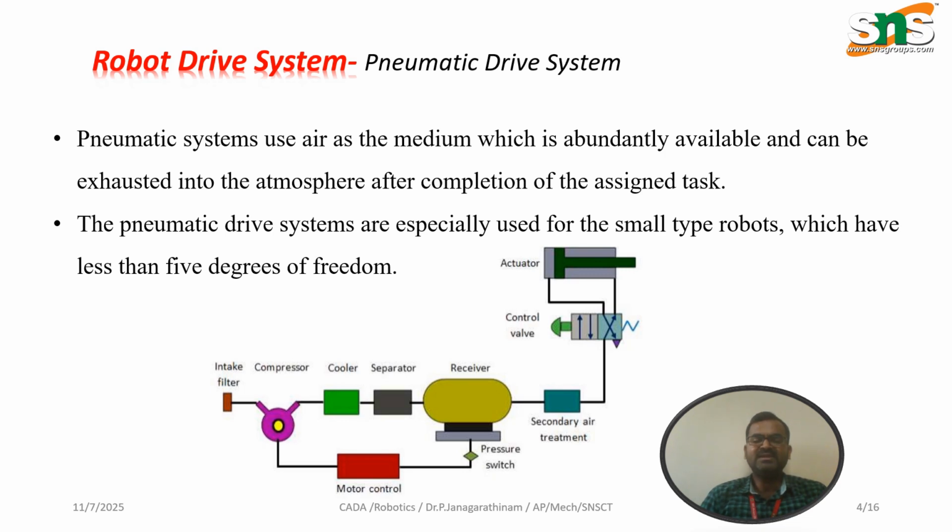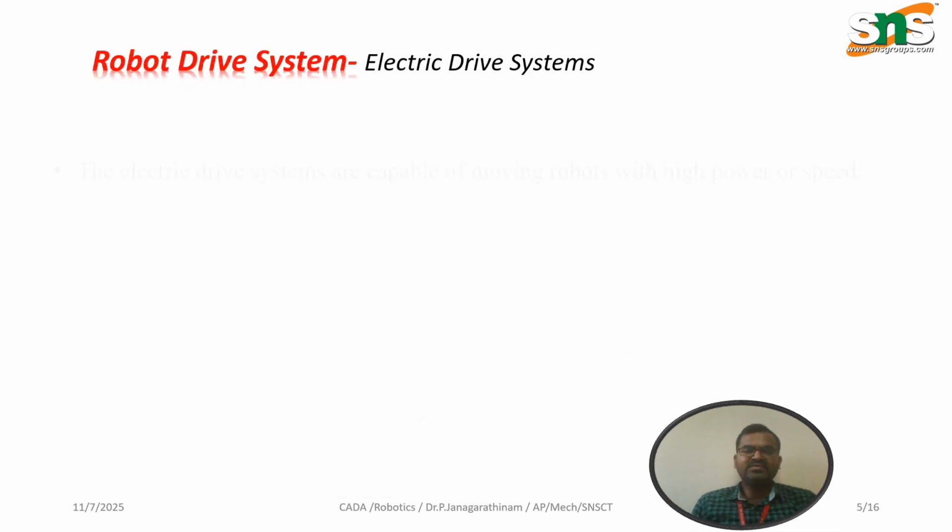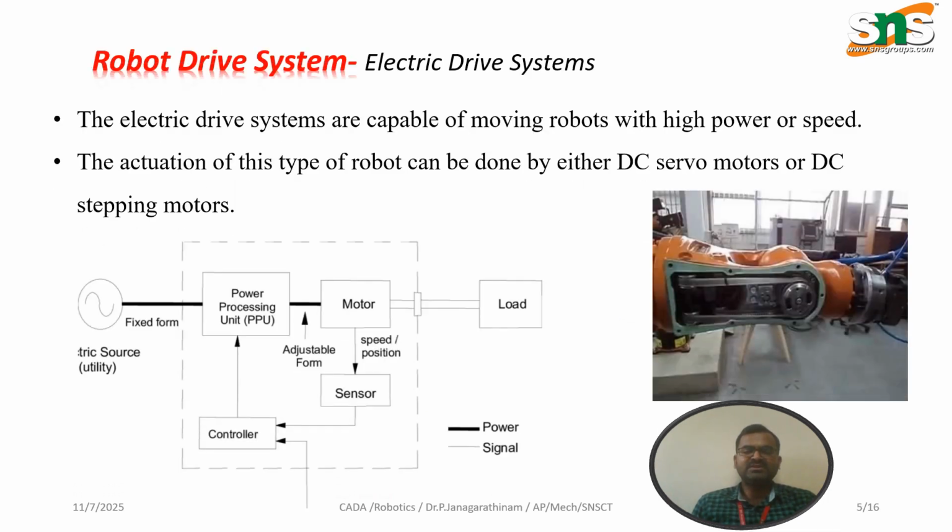These are the basic components: compressor and FRL unit, which is the filter, regulator, and lubricator, which will regulate the air level, along with control valves and actuators. Actuators can drive the robotic systems. And next one is the electric drive system.